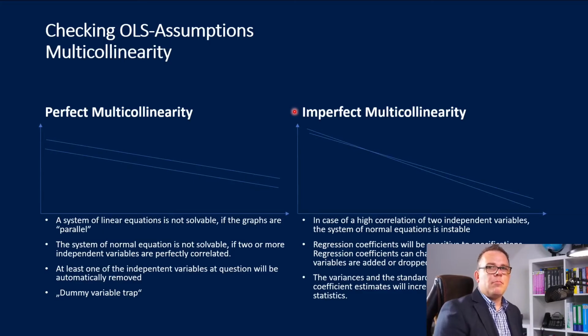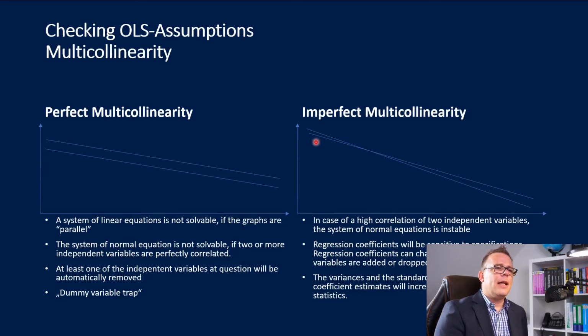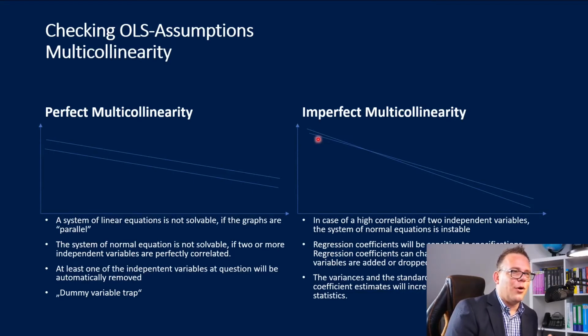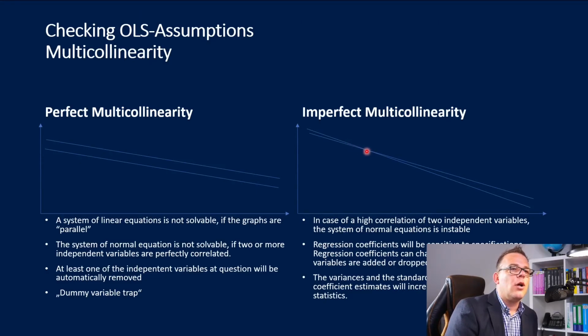A bigger problem, a much bigger problem, is imperfect multicollinearity. That means these variables are highly correlated but not perfectly. Accordingly, let's say in this graph here, these lines are not perfectly parallel but close to parallel. What happens if those normal equations are nearly parallel? A very slight shift or tilt of one of those lines will lead to the solution jumping up or down.